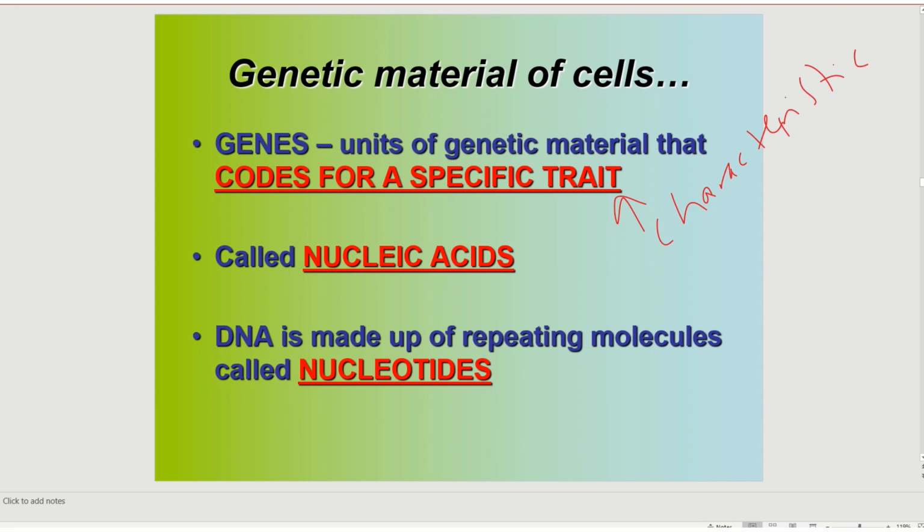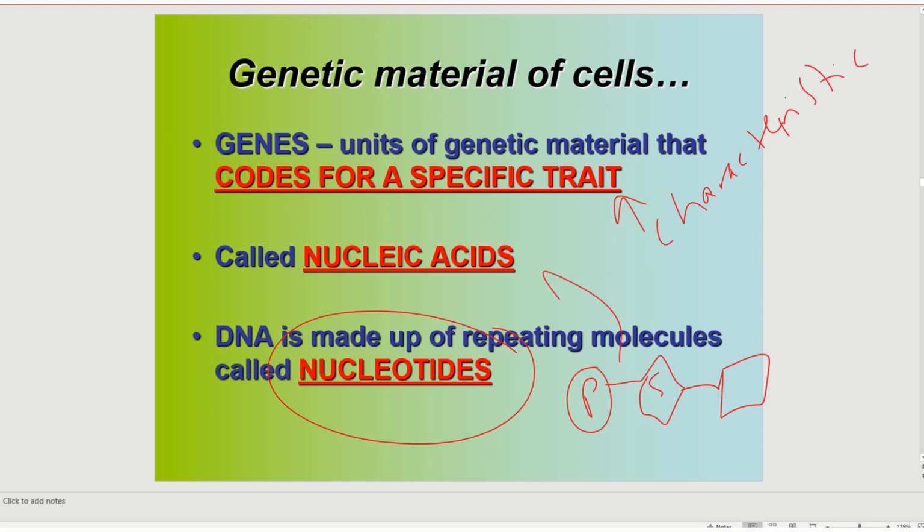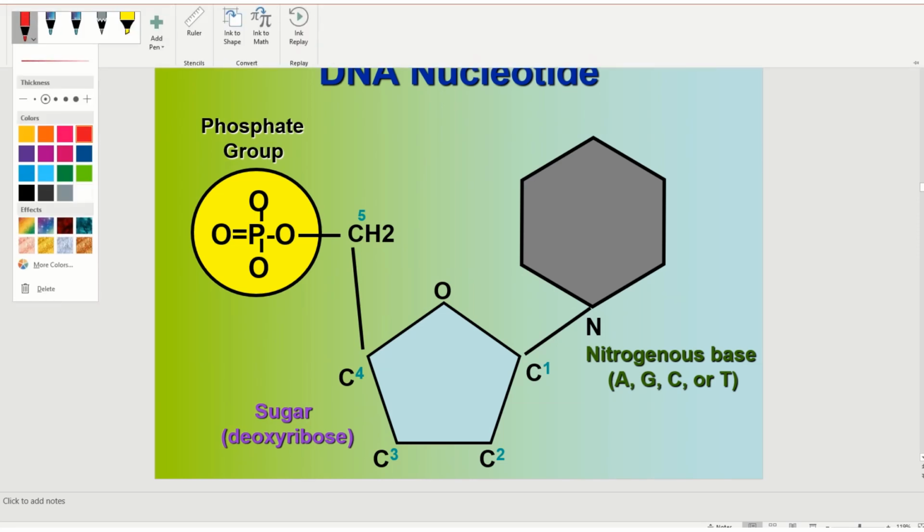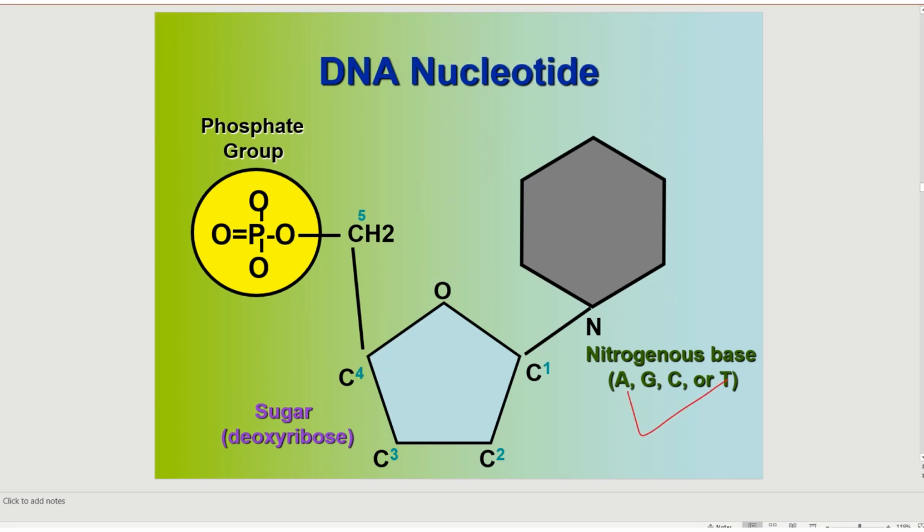And remember, a nucleotide: phosphate, sugar, base, right? This makes the nucleic acid, the DNA or the RNA. And here's another picture of the DNA nucleotide. Phosphate, sugar, base. Again, the bases. A goes with T. And G goes with C. Remember, they're straight or they're curvy.